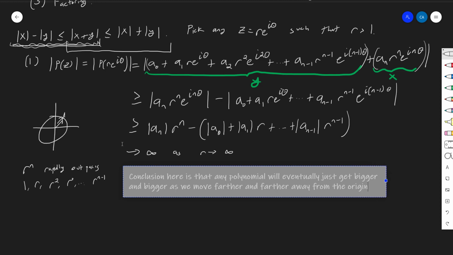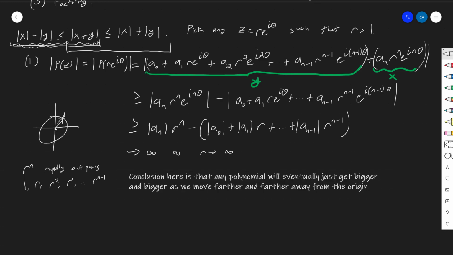So as you pick bigger and bigger complex numbers, that is, complex numbers that are farther and farther away from 0, eventually you're going to reach a point where the polynomial stops doing anything weird and just starts to go in one direction, either up or down. This is absolute value bars, so this could have been negative infinity easily, but the magnitude, of course, is infinity.